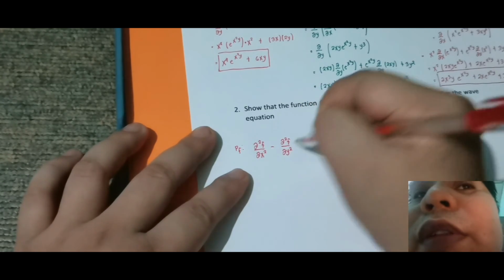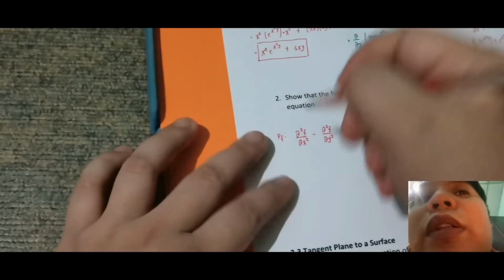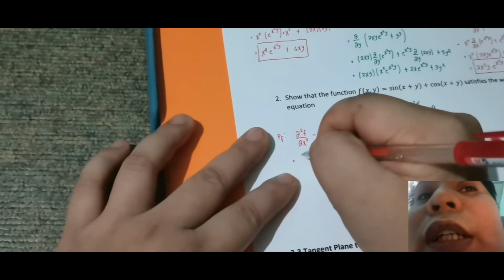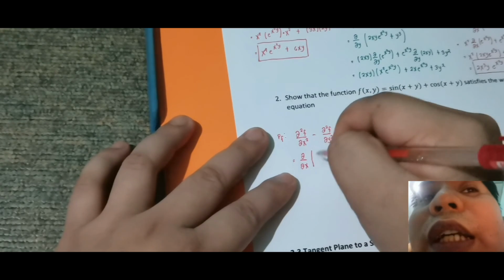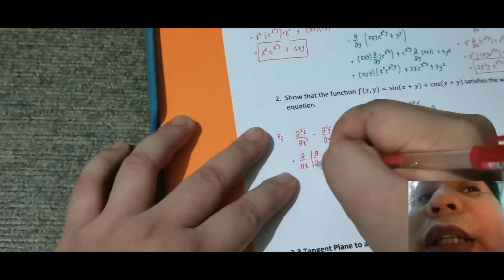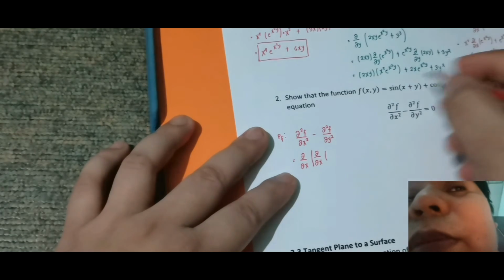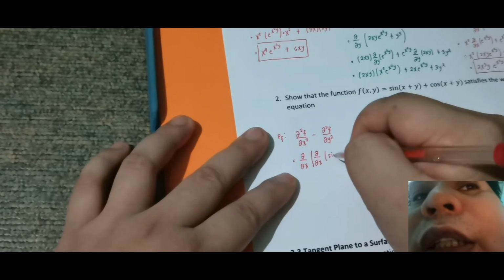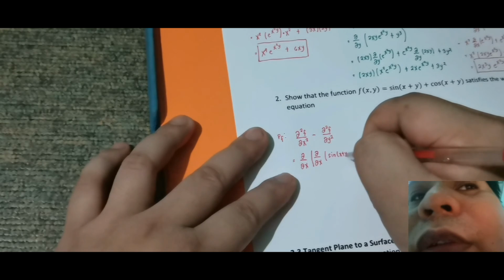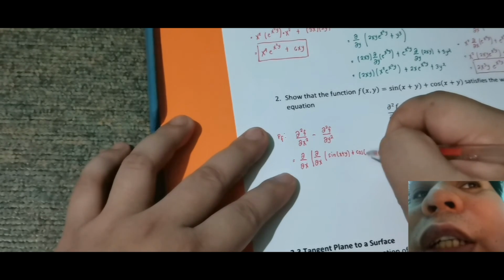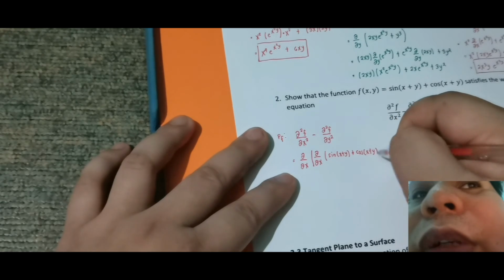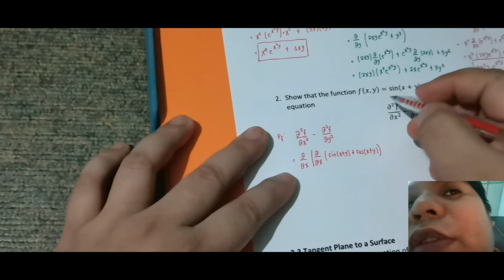So this is just equal sa second partial, so partial derivative with respect sa x ng partial derivative with respect sa x nung function. So what's the function? This is sine x plus y minus or plus cosine x plus y. Okay, so tama na ba to?